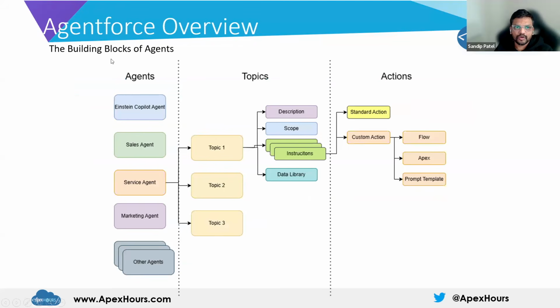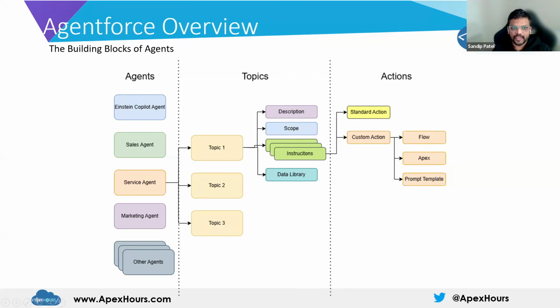Okay, now if we discuss the arrangement of these building blocks, first are the agents. We have multiple agents. Salesforce gives us Einstein Copilot by default, and then depending on the licenses, we have sales agent, service agent, and marketing agents. We also now have the capability to download agents from the AppExchange.